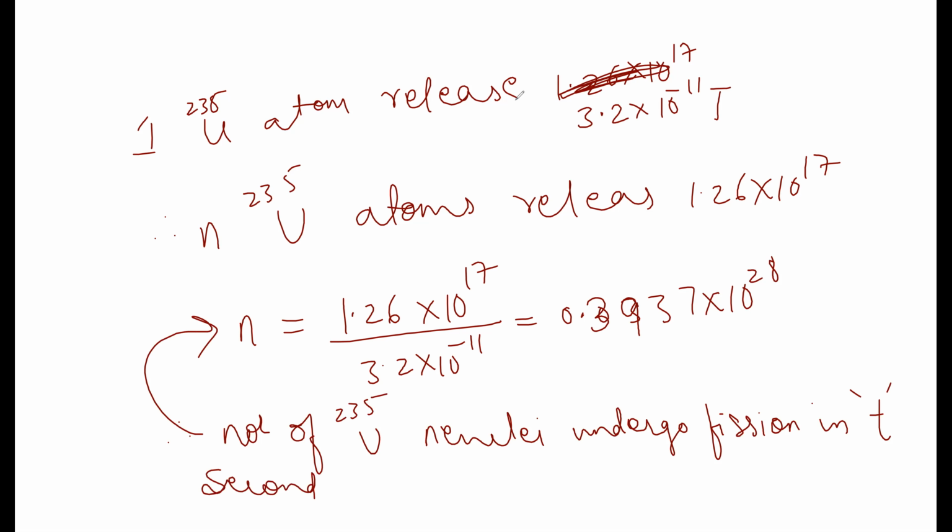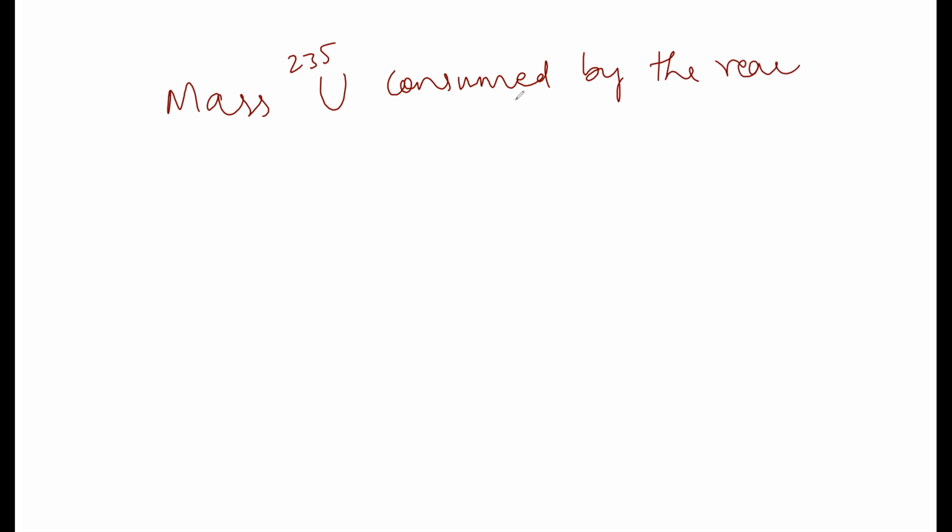Next, what do we calculate? This is the mass of uranium-235 consumed by the reactor, which is given by Avogadro's principle.